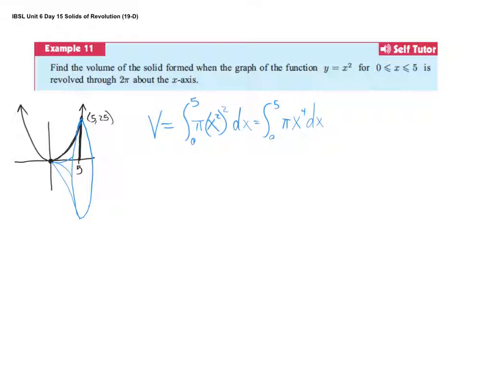Alright, so setting this up, the integral from 0 to 5 of pi times x squared, squared, dx, or you have to square the function, is the integral of pi x to the 4th dx.